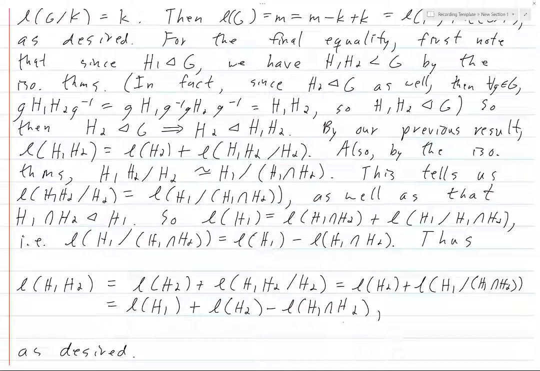And so that might make you think of doing either this, H1 mod this intersection is isomorphic to H1 H2 mod H2, or maybe you might look at H2 mod the intersection. But either way, I think that's how you would get started on this problem.